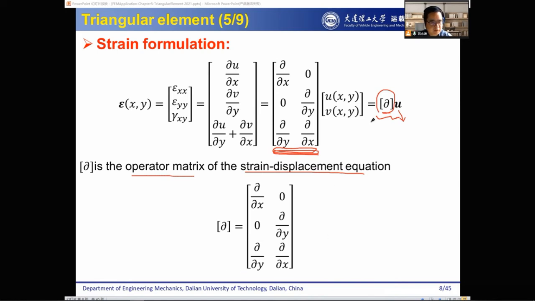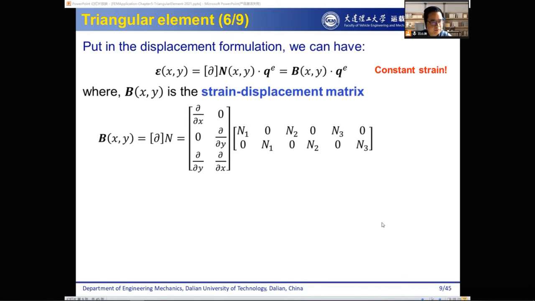What's the exact meaning of the operator? We introduce this operator because we want to simplify the writing, or simplify the equations.